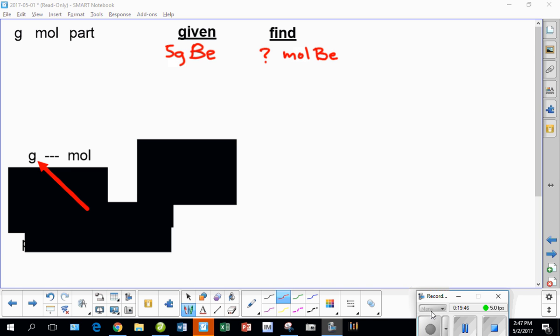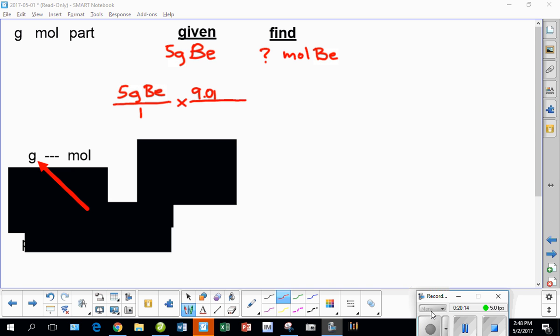All right? Let's start with the first fraction. Okay? And get the grams to be on the bottom of this fraction? Very good. You're looking at the right place. She's looking at the periodic table. 9.01. Okay, 9.01, that's fine.